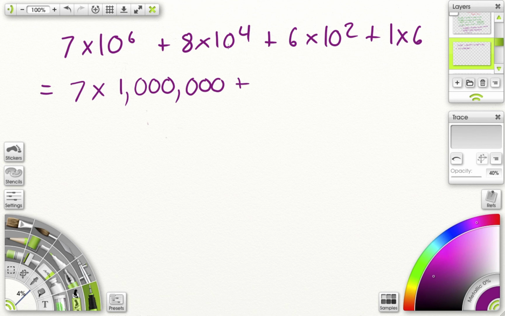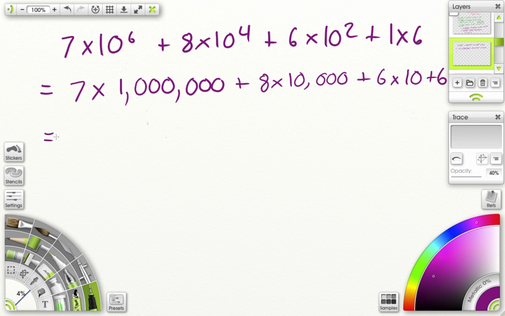Plus 8 times 10 to the power of 4. 10 to the power of 4 we know is 10,000, so that's going to be 8 times 10,000. Plus 6 times 10 to the power of 2, we know that 10 to the power of 2 is 100. Plus 1 times 6, which is 6. I'm just going to add that on to the end.